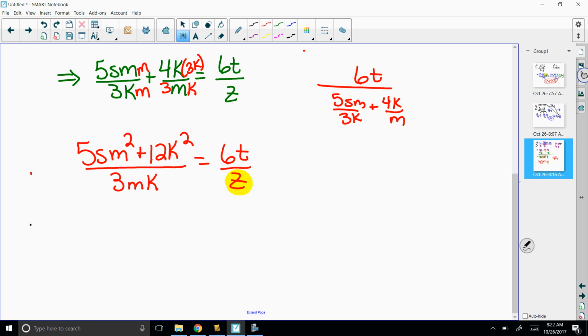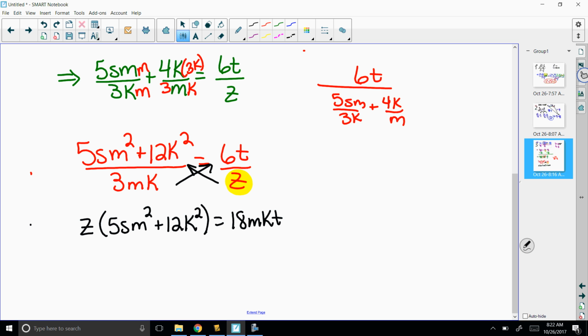Now you could say Z is by itself, so you could just cross multiply and divide. Or we can go ahead and say, well, you set cross products equal. So you get Z times the quantity 5SM squared plus 12K squared. And that's equal to this cross product, which is 18MKT.